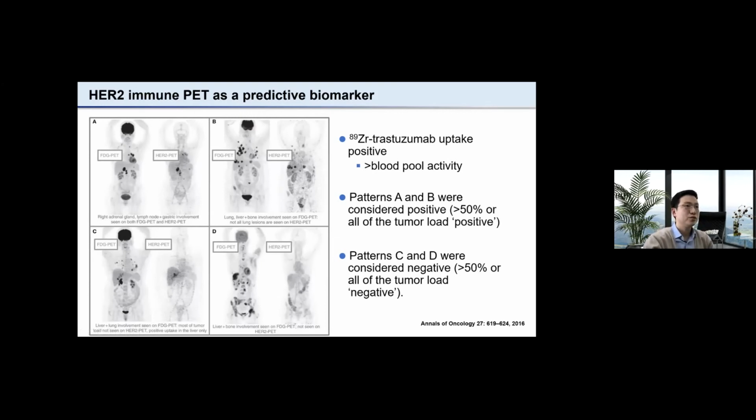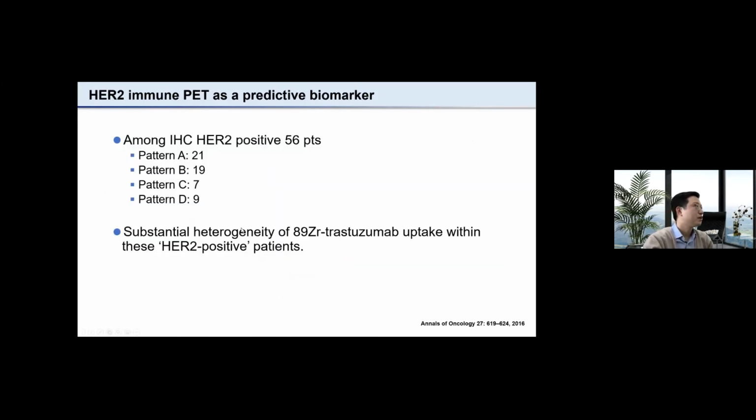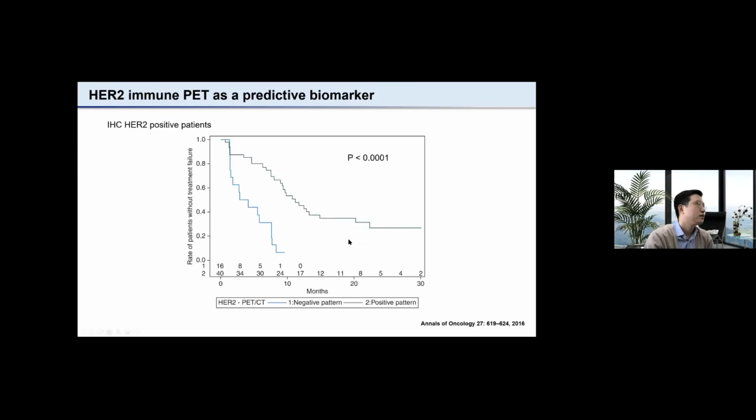Note that all of these patients were initially HER2 positive according to biopsy, but according to the HER2 PET, the patients can be divided like this. So C and D are HER2 negative according to HER2 PET, although they were HER2 positive according to IHC. Then they looked at survival after HER2 targeted therapy.